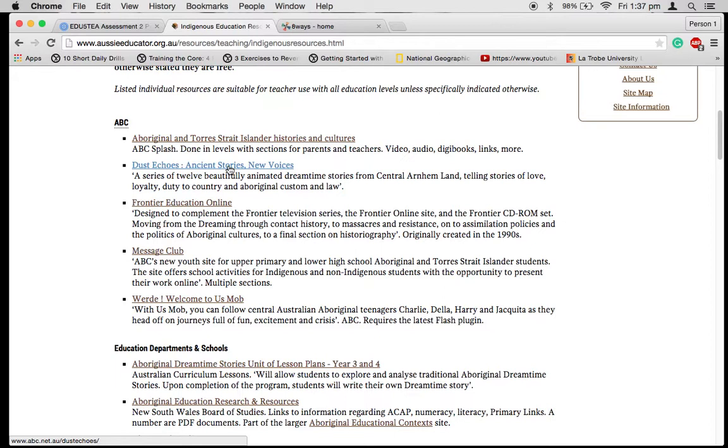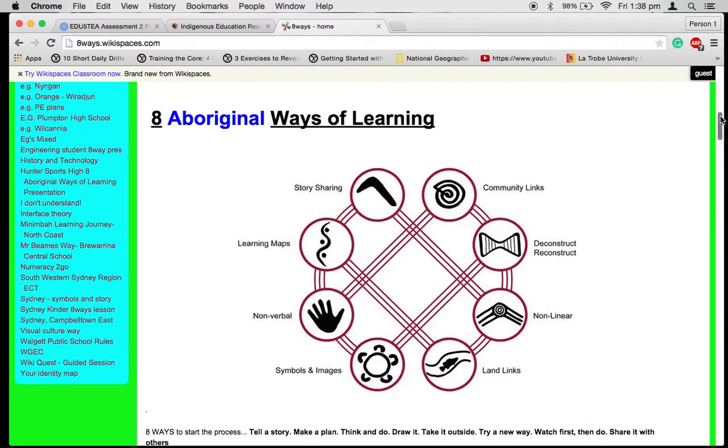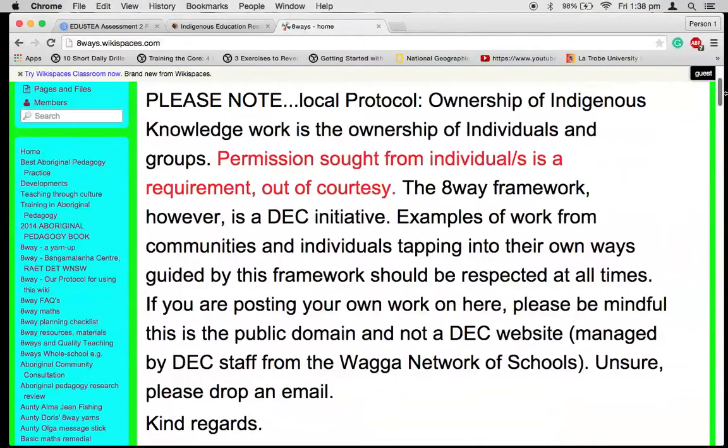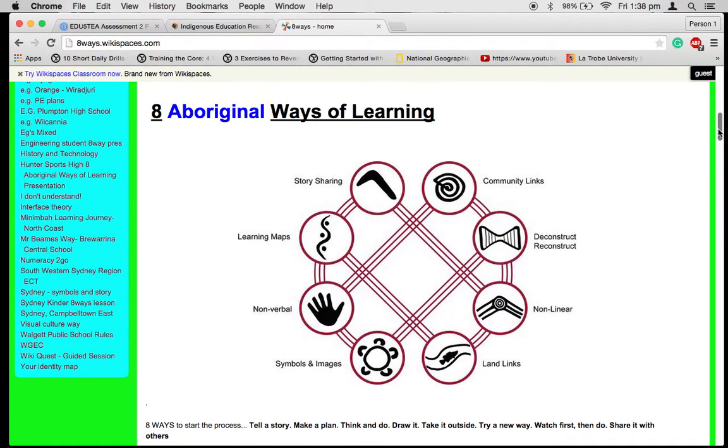I would also use the 8 Ways resource, which talks about the different ways in which Aboriginal people learn, and so the curriculum and pedagogy of bringing others in, and the pedagogy of Indigenous people, which I believe is all about interrelationships.